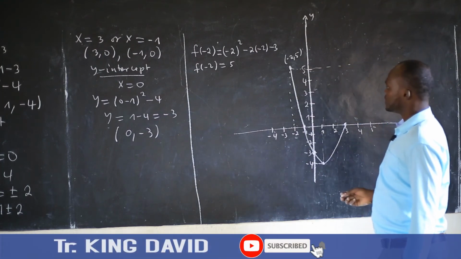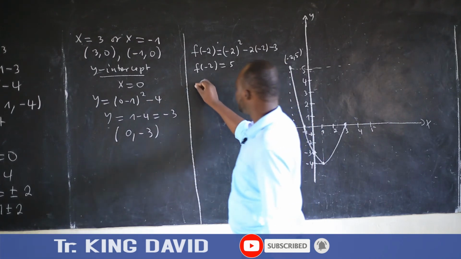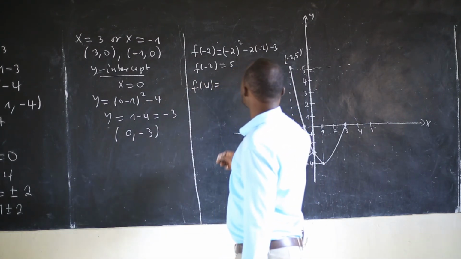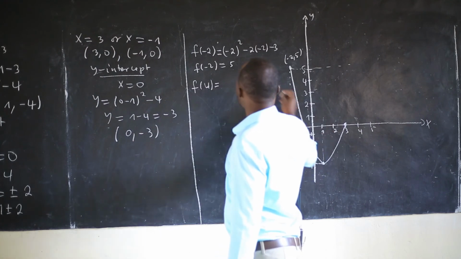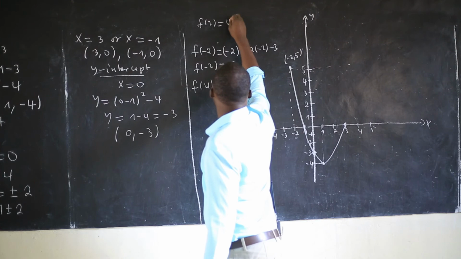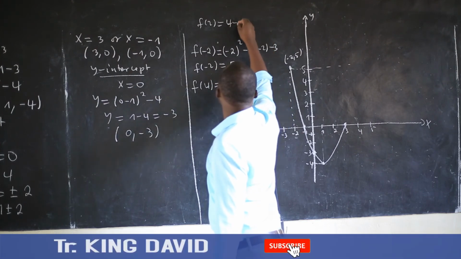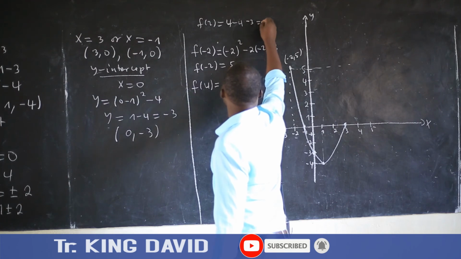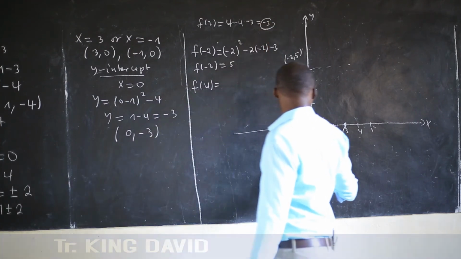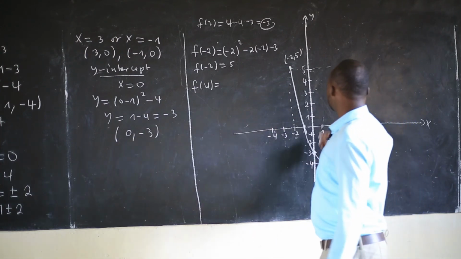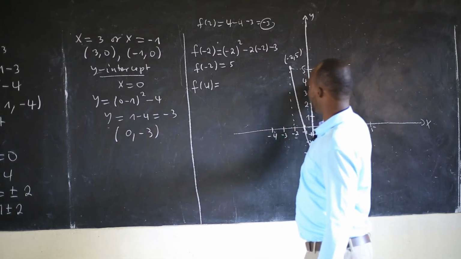So let's check 4. What is f of 4? Because if you use 2, 2 cannot work. Check f of 2. This is 4 minus 4 minus 3. The answer is negative 3. You see, 2 gives negative 3, it will be like here. So it is not working. So we need the value that can give us 5.